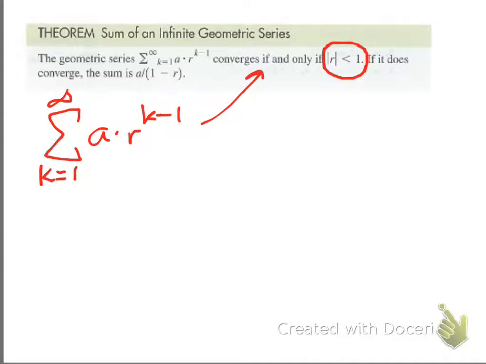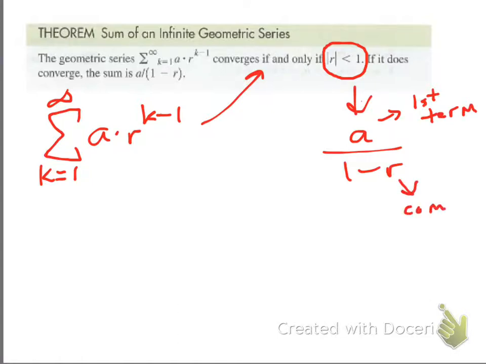If that happens, the sum will be A over 1 minus R. A is the first term. R is the common ratio.